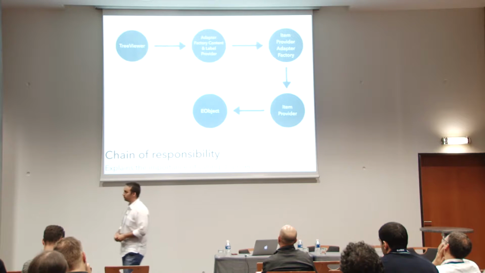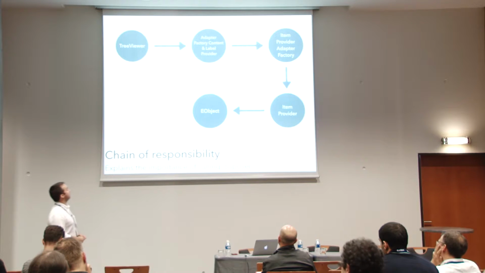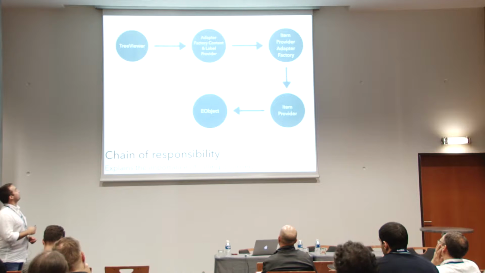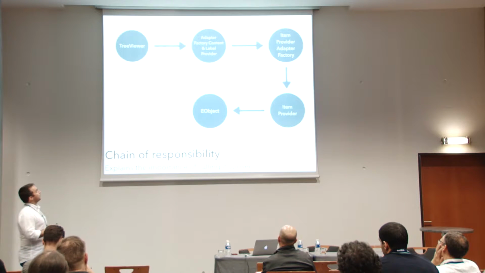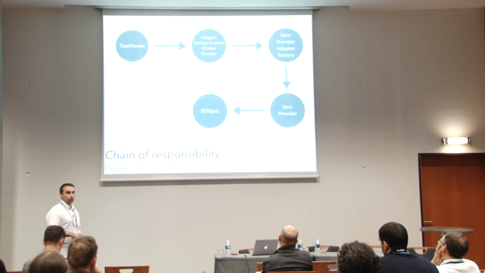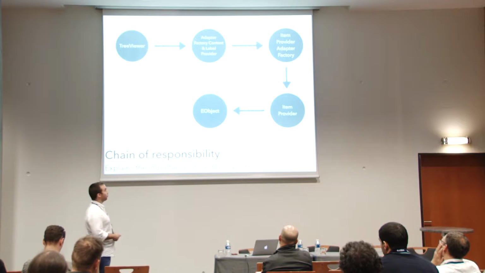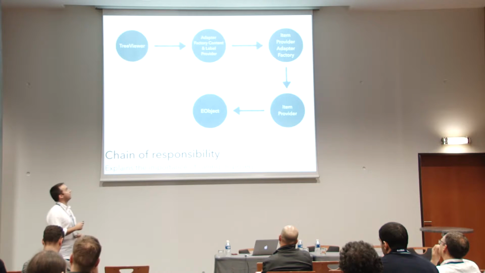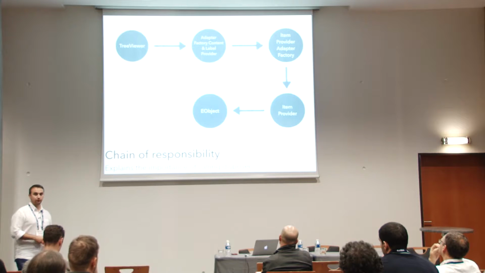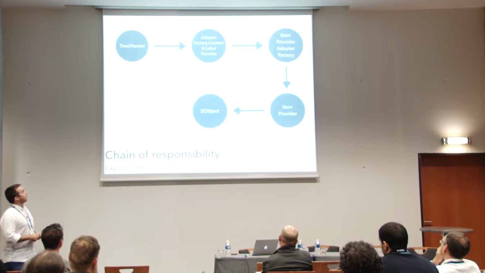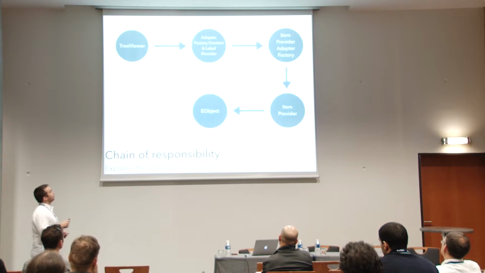So let's come back to the JFace tree viewer. How does it work? We define the tree viewer, and we have to set the content provider and the label provider on this viewer. EMF actually provides some very useful implementations of those content provider and label provider, which are called AdapterFactoryContentProvider and AdapterFactoryLabelProvider.